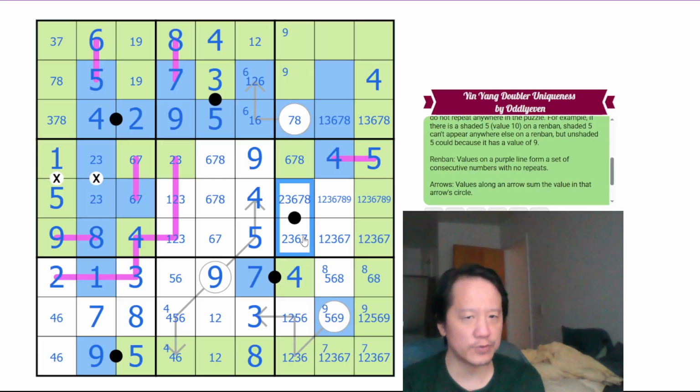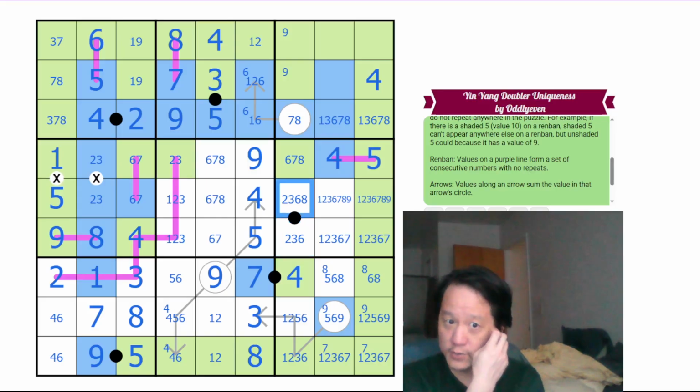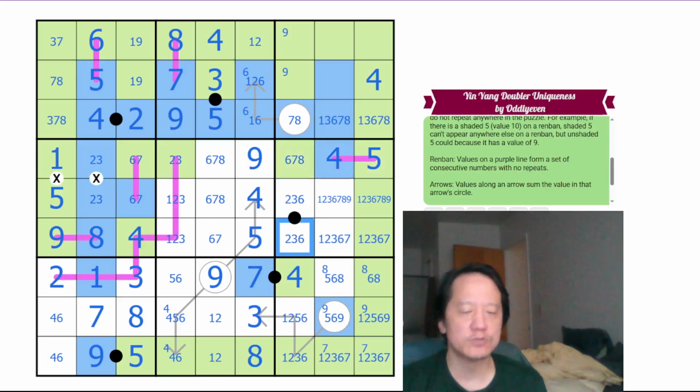So therefore 3 would be there either way. 7, we don't have 7 doubled available, and that would have to be the high digit. So that 7 can't work. 8 doesn't work either. 8 doubled would be 16, which would have to be 4 doubled, but we don't have a 4 available in the box. So we're guaranteed this must be a 3 here.